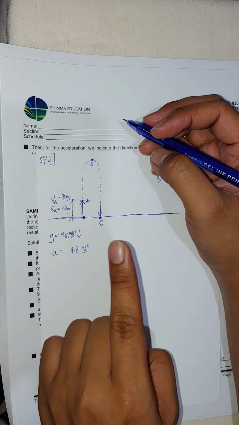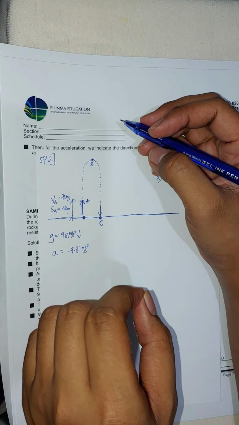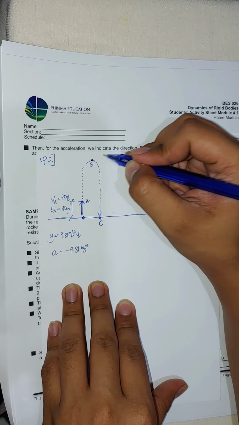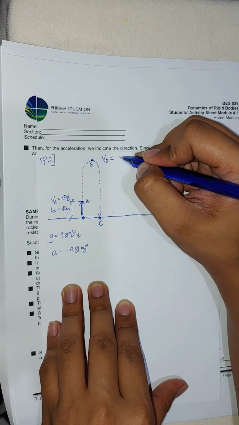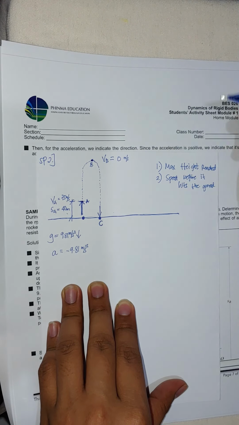So if it continues going up, it will slow down and stop in an instant. So here, our velocity, let's say we call that velocity at point B, is equal to 0 meters per second, or just 0. Now we were asked the maximum height reached.